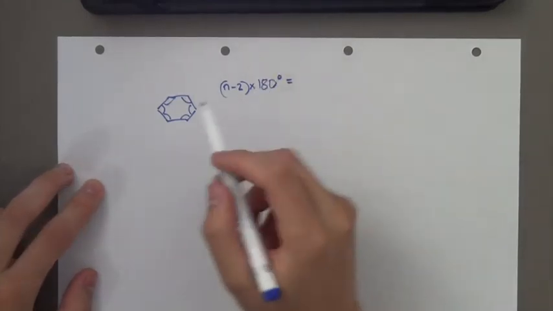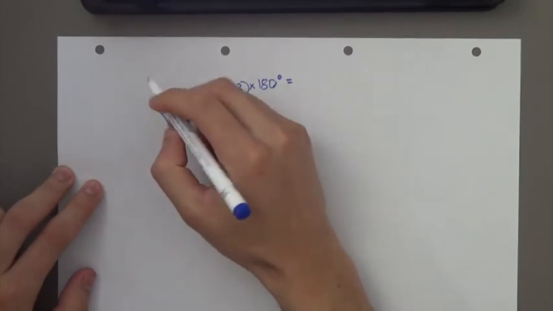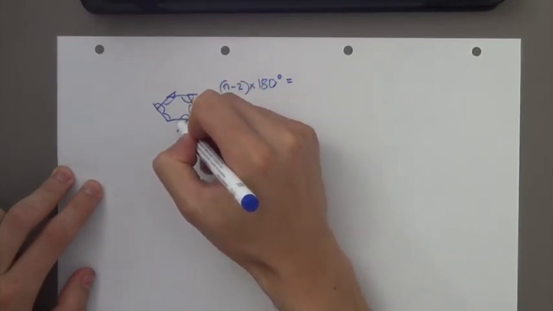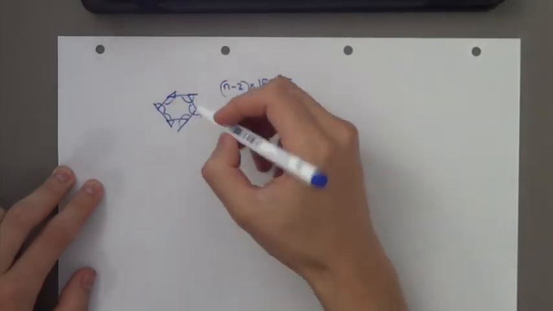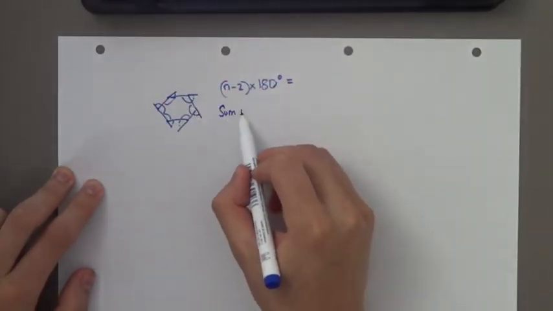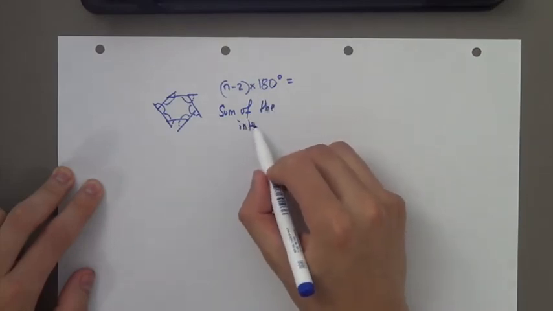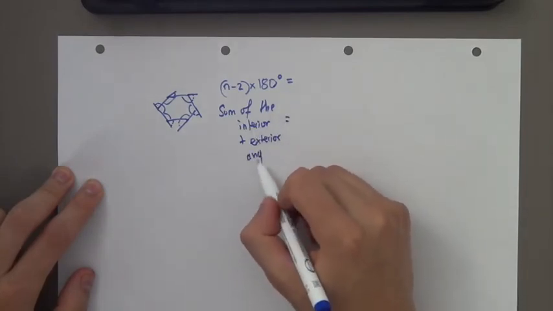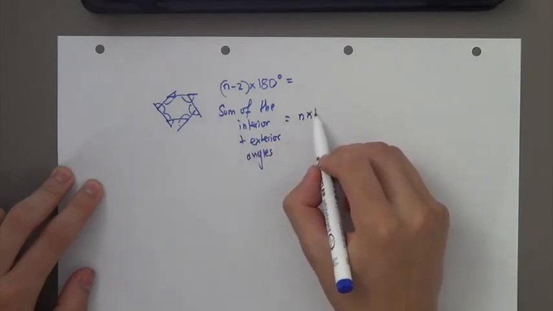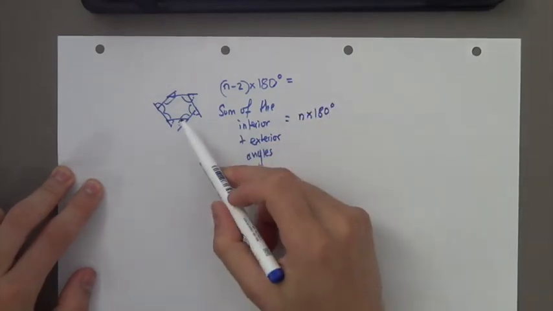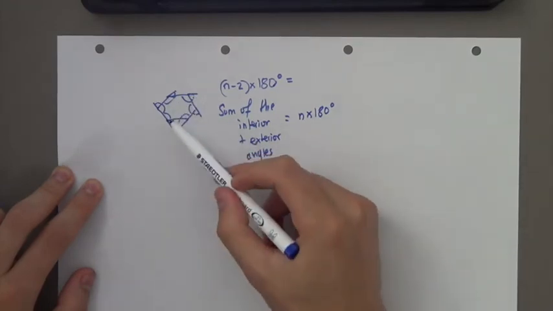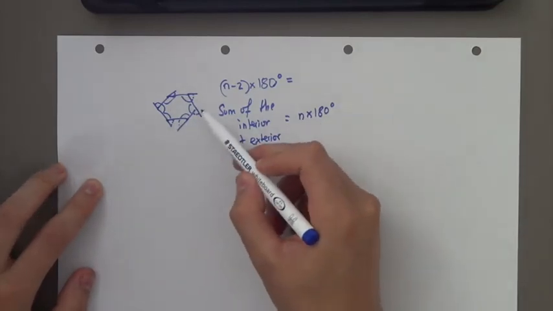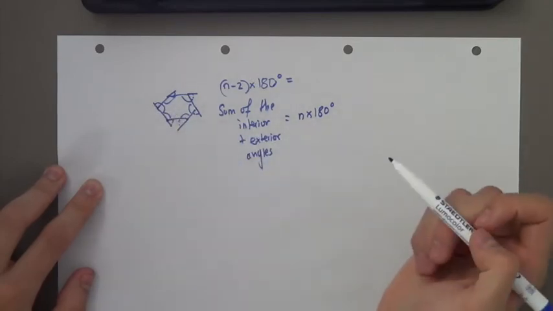Now, if I extended the lines to each line here, the sum of the interior plus exterior angles would simply be n times 180 degrees, because 1, 2, 3, 4, 5, 6 is the number of lines and angles, and a straight line is 180 degrees.